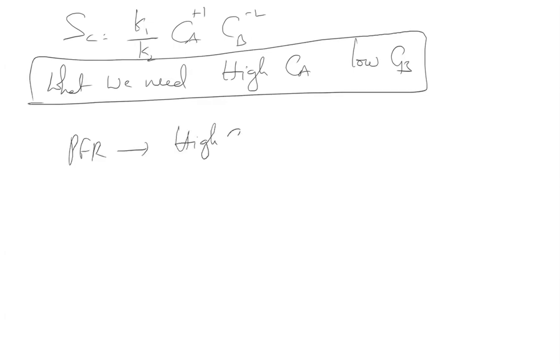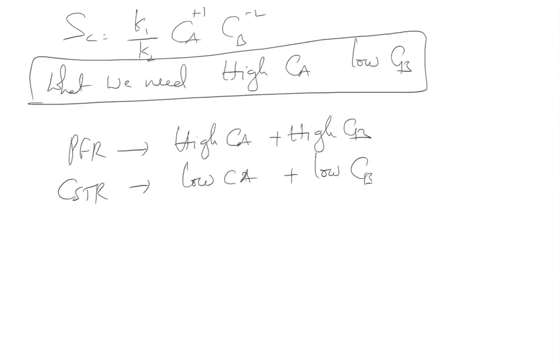This gives high concentration of A, but this also gives high concentration of B. Suppose you use CSTR, then you get low concentration of A plus low concentration of B. So here this is good, but this is not good. So you are doing a compromise if you select CSTR or PFR.